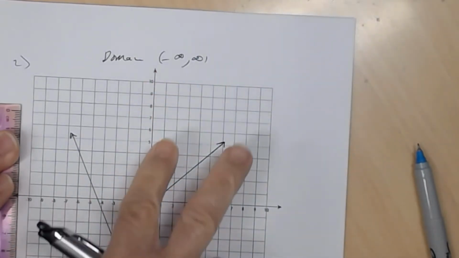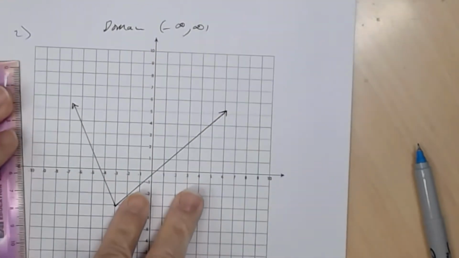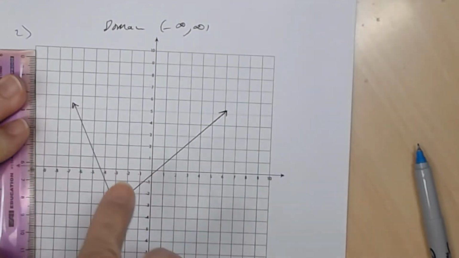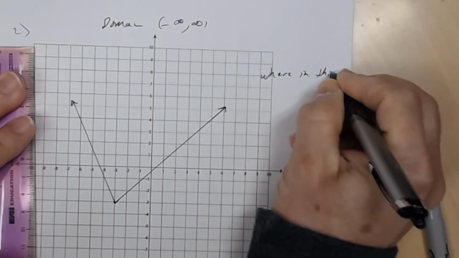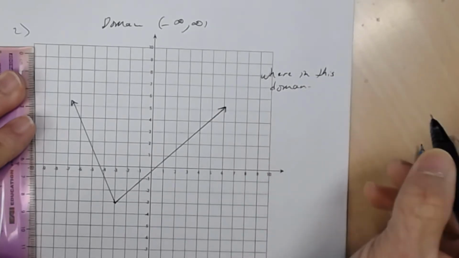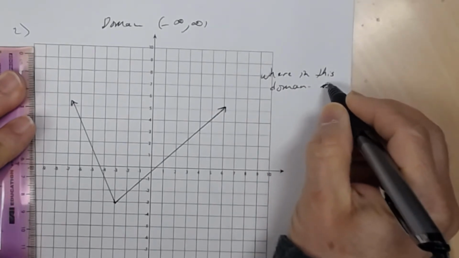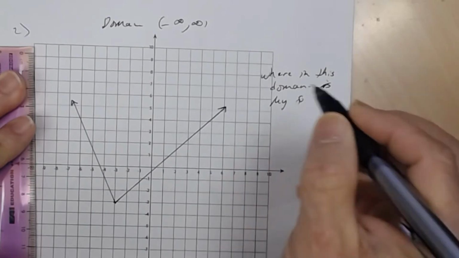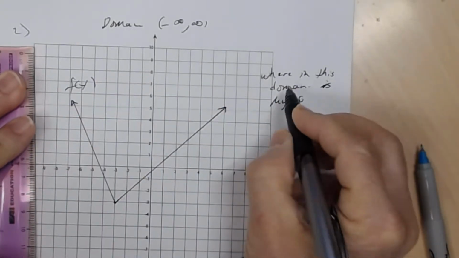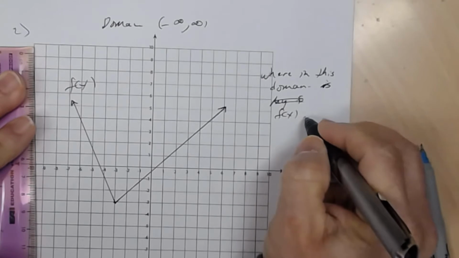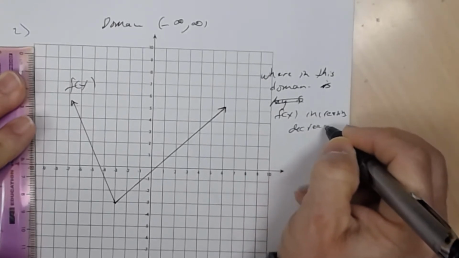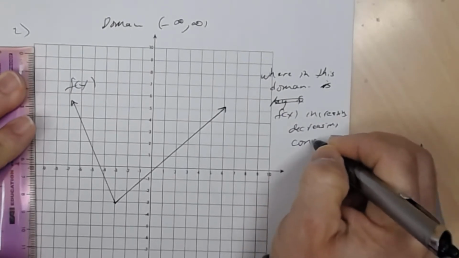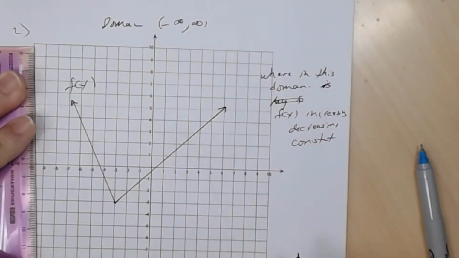All right, so you're asking yourself, where in this domain is my function, let's call it f of x, increasing, decreasing, or constant? Okay, so that's what they're asking. Where in this domain is the function increasing, decreasing, or constant?